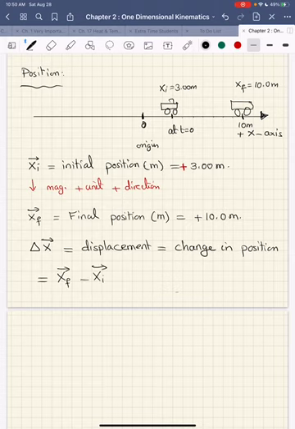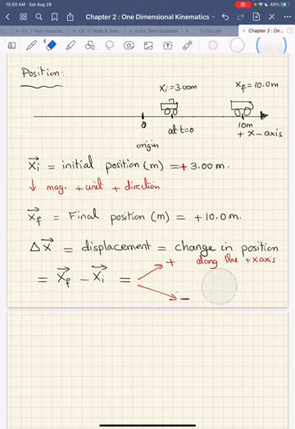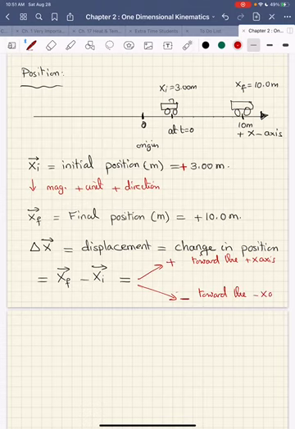That number can be either positive or negative. Positive means along the positive x-axis, and negative means toward the negative x-axis.